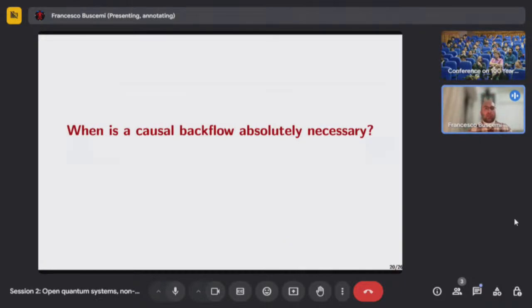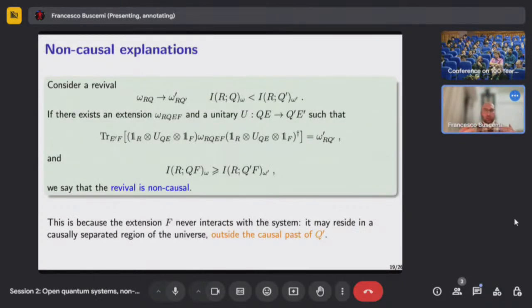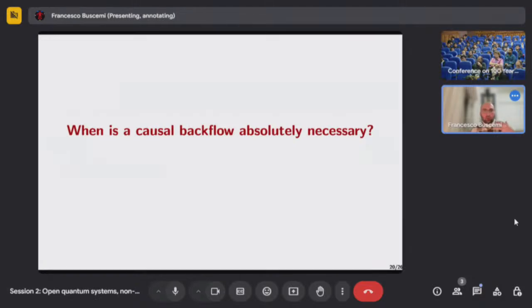So now the question is, sometimes you have backflows that can be explained by using a non-causal explanation. So are there situations instead where in order to explain a revival, you really need a backflow? There is no other option for you but invoking a causal backflow of information from the environment to the system.